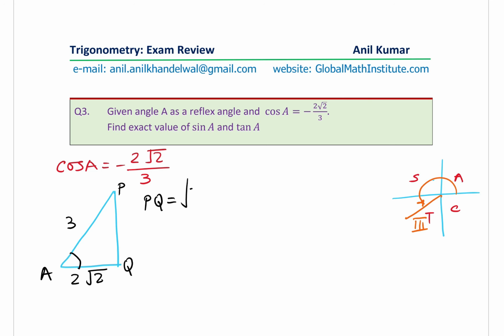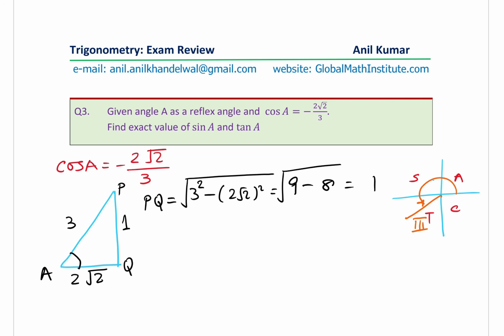PQ will be square root of 3 squared minus the square of 2 square root 2, which basically is 9 minus 8, since 2 square root 2 squared is 4 times 2, 8. And that is 1. So this side is 1 for us.